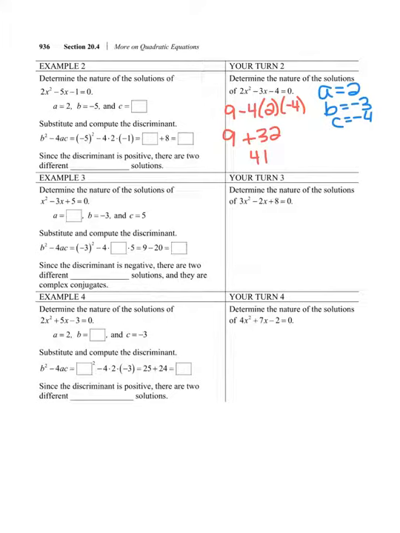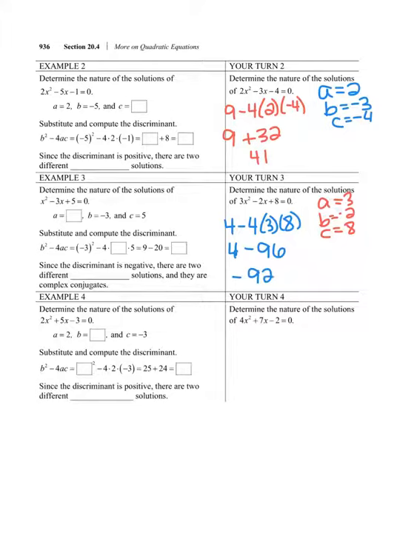Example 3, a is 3, b is negative 2, c is 8. So b squared is 4 minus 4 times a times c. 4 minus 4 times 3 is 12, times 8 is 96, so negative 92.